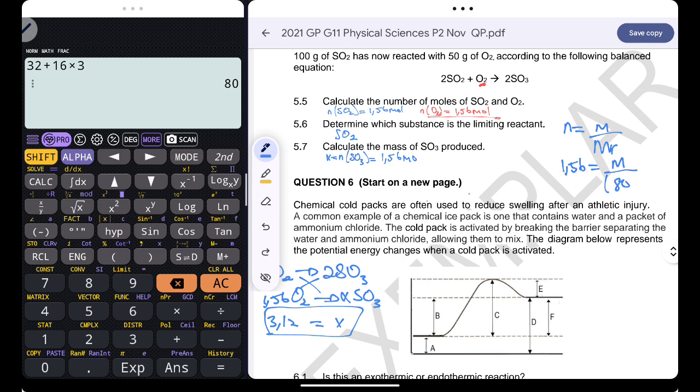Therefore, to find the mass, I'll simply take 80 multiplied by 1.56. What do I get? 124.8 grams.